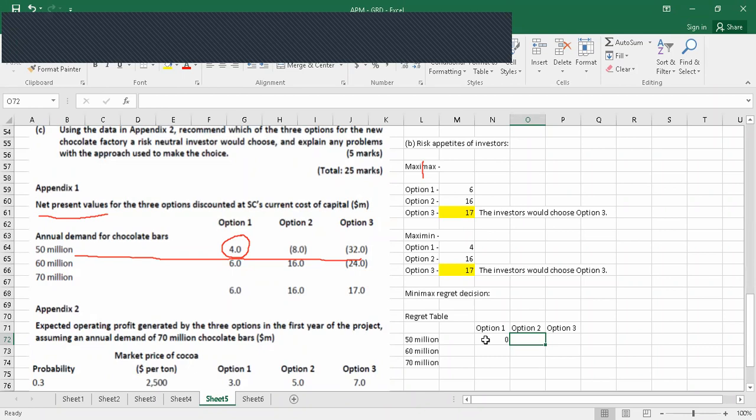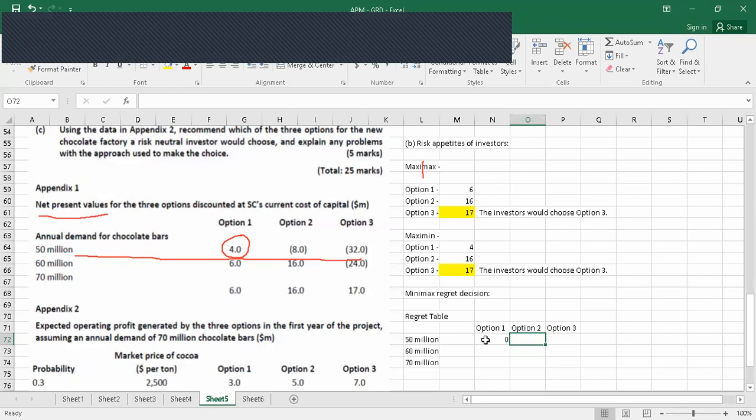If they go with option 2, there is a negative NPV of -8, and the third one has -32. So which one will be best in the situation of 50 million? Option 1 is best. So if they have already taken a decision for option 1 and the demand is 50 million, option 1 will leave them with no regret.